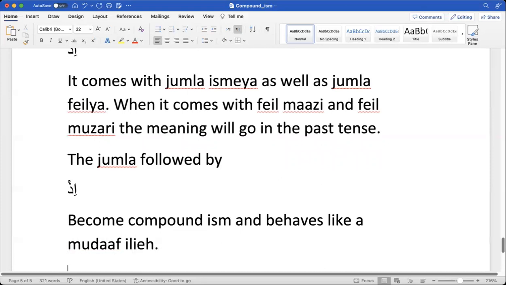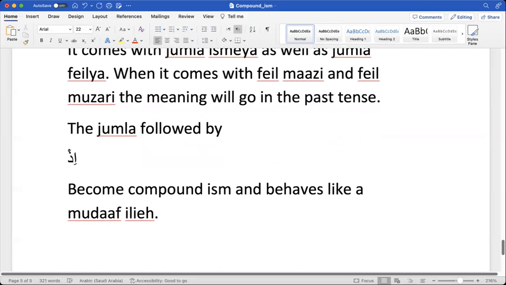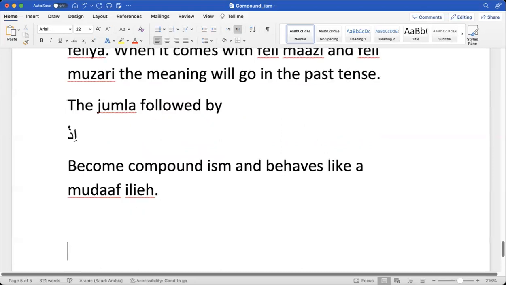So idh becomes mudaf, then the followed jumla becomes mudaf ilayh. Let's take an example from the Quran. Allah says: idh antum qalilun mustad'afin. Idh antum qalilun is a jumla ismiya.